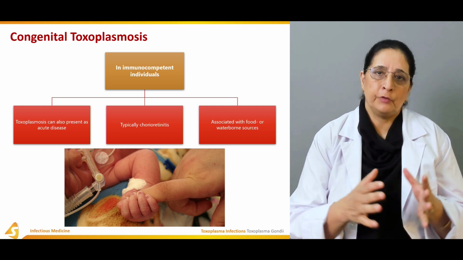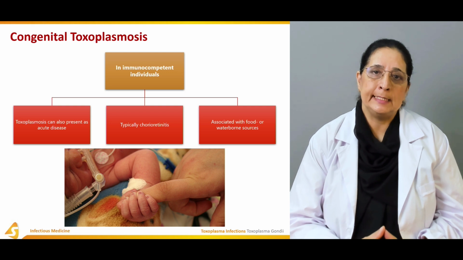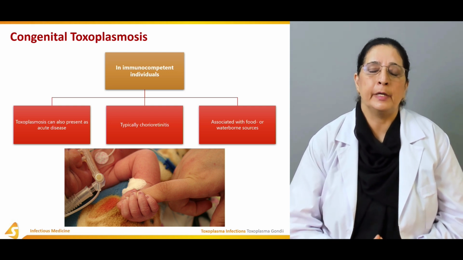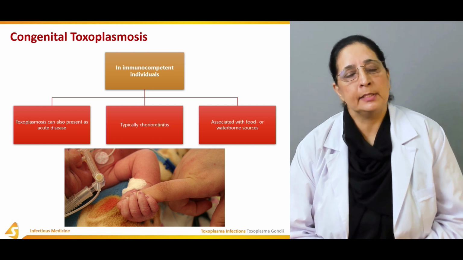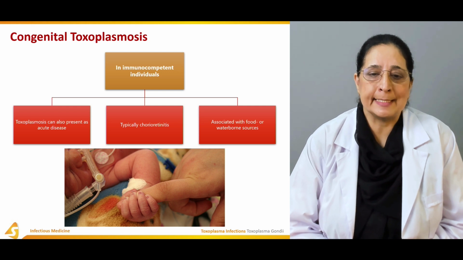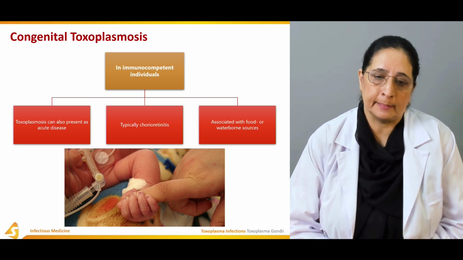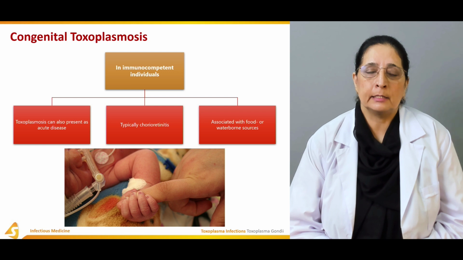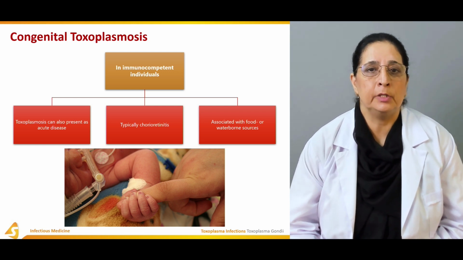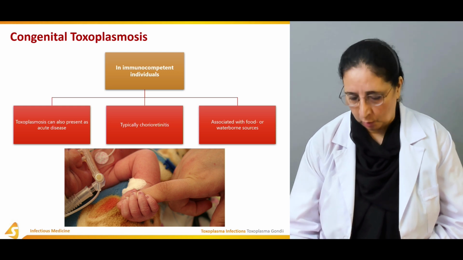So in children there is usually acute disease, and in immunocompetent adults they sometimes present with acute disease in which we typically see chorioretinitis. The source of transmission is through food and water.